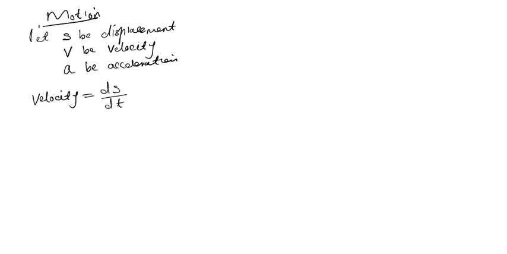And the other one is that acceleration is equal to a change in velocity divided by a change in time. And that's how derivative comes into play here. So the derivative of displacement or distance moved with respect to time is velocity. The change in velocity with respect to time is acceleration.